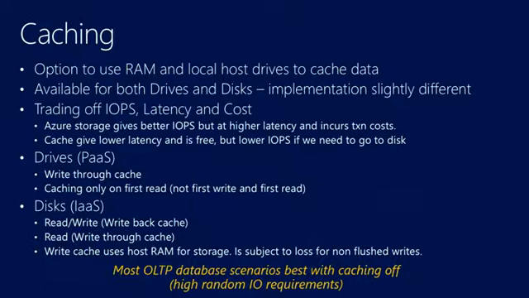Caching. So it's important to think about caching. Both disks and drives have an ability to use a local cache to change the way that you access storage. It's not necessarily going to be faster, because it's really a trade-off, right? You're trading off I/O operations, latency, and cost. If you cache it, right, you're going to get lower latency because it's closer to you.